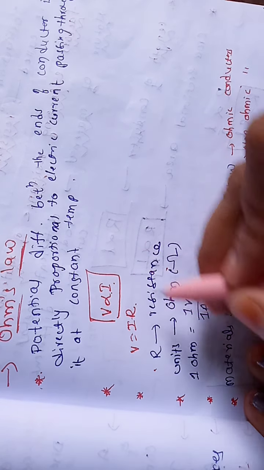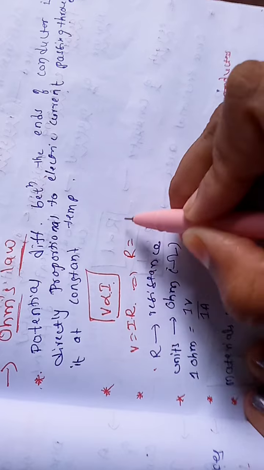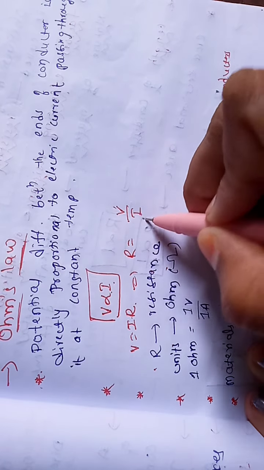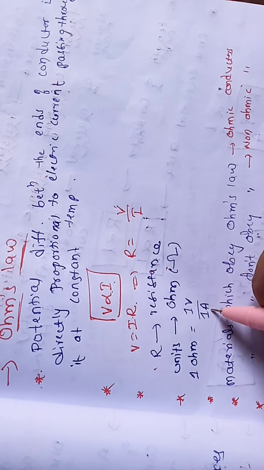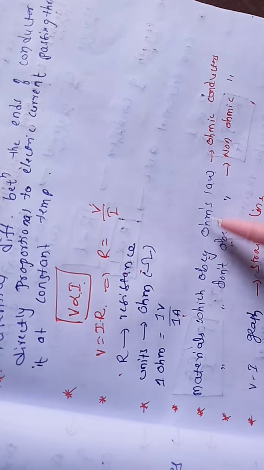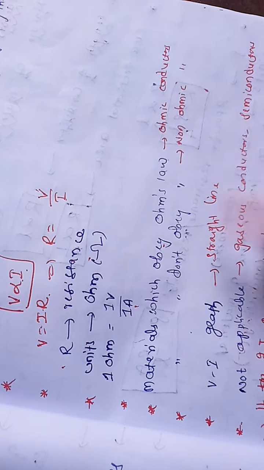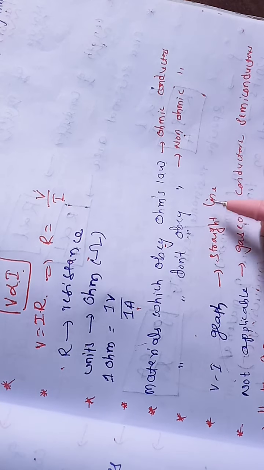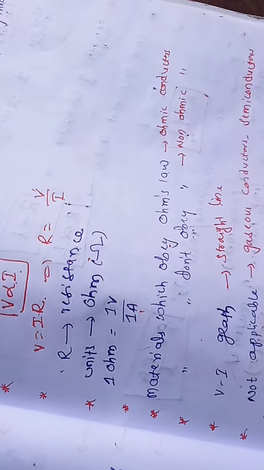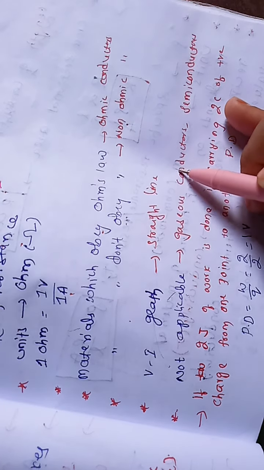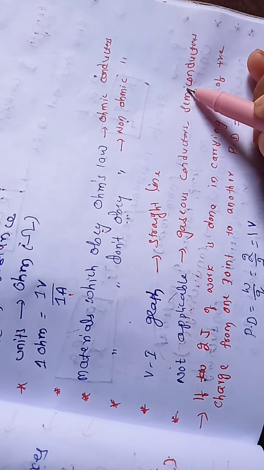So 1 ohm, here if we write R equal to V by I, 1 ohm equal to 1 volt by 1 ampere. So materials which obey Ohm's law we call ohmic conductors, which do not obey Ohm's law we call non-ohmic conductors. The VI graph for an ohmic conductor will be a straight line. This Ohm's law is not applicable for gaseous conductors, semiconductors.